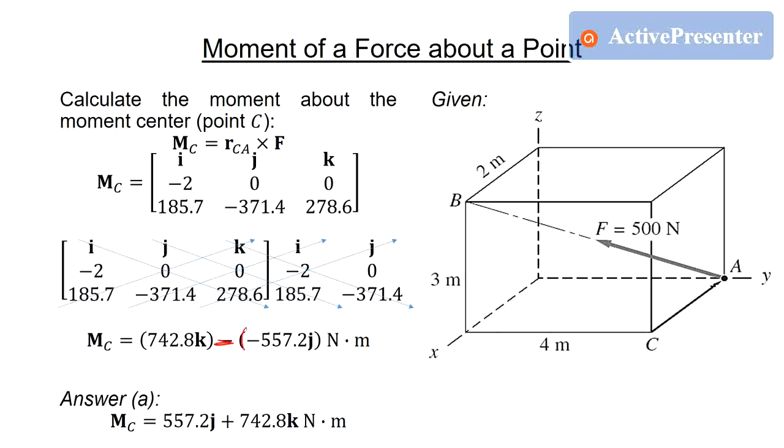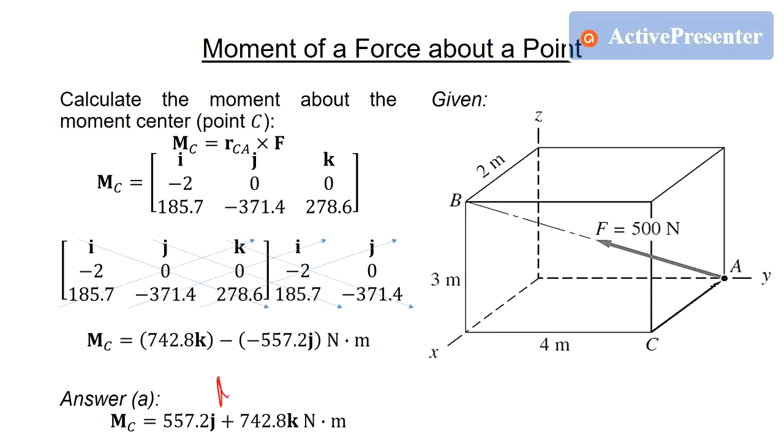Then minus quantity, 1857 times 0 times K, so we have 0. Negative 371.4 times 0 times I, so that's 0. 278.6 times negative 2 times J, so we have negative 557.2. Simplifying that, negative and negative, so we have positive 557.2J plus 742.8K.